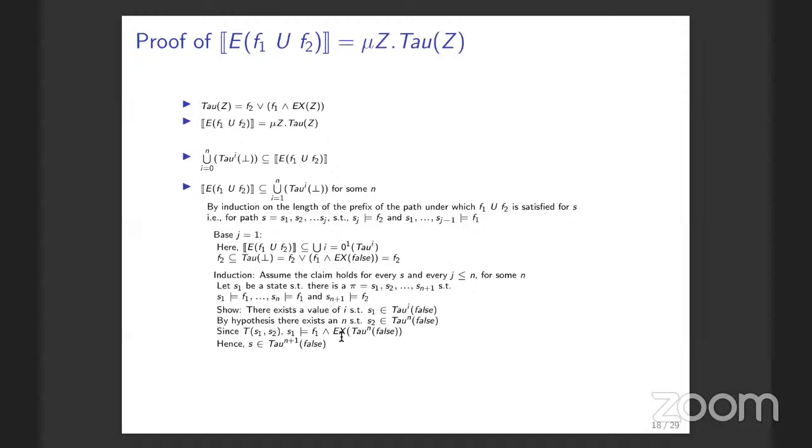And since S1 is such that Ex of that is satisfied, S2 will belong to, and I'm sorry, here it should be S1. So S1 will belong to tau n plus 1 of false, because in one step you're applying the tau function, which is exactly the one-step expansion of tau that I'm showing here.